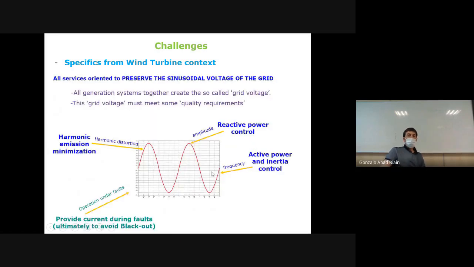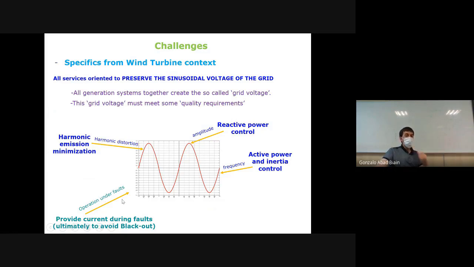They can control the frequency by providing more or less active power, by providing more coal or gas. They can control, and this is not so obvious, the amplitude by means of the reactive power. Conventional generation is based on a synchronous generator connected to the grid, so they provide inertia as well, and they don't emit harmonics.